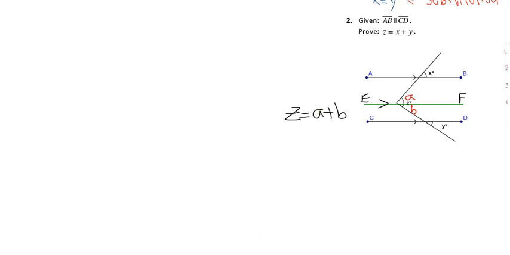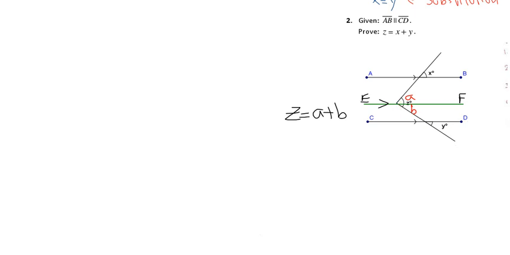And if we look at the other part with lines EF and CD being also parallel, we can also say that these two angles are corresponding because they are forming the F that help us to identify corresponding angles.